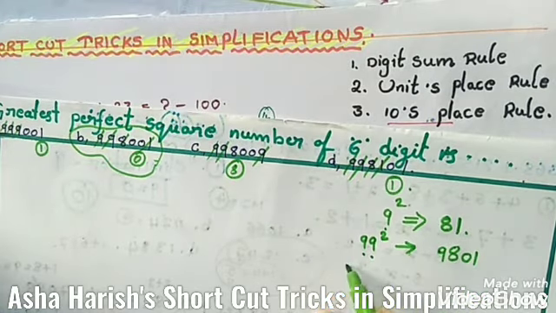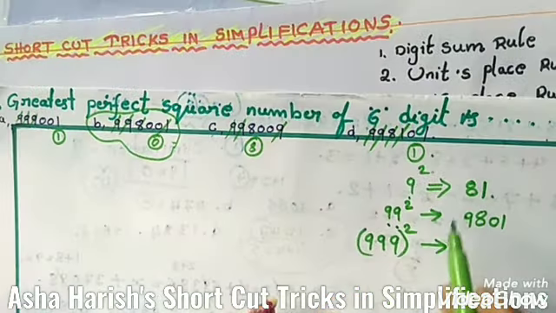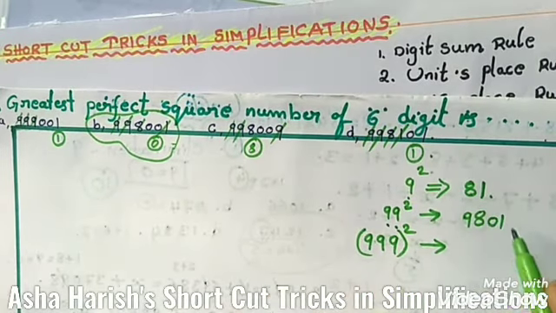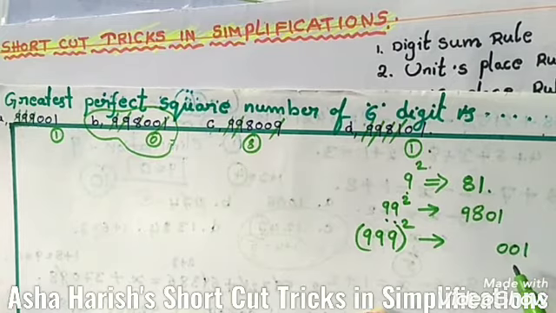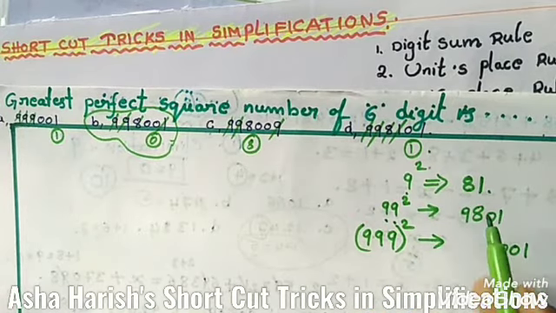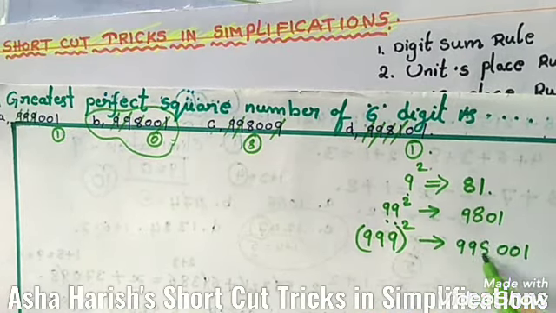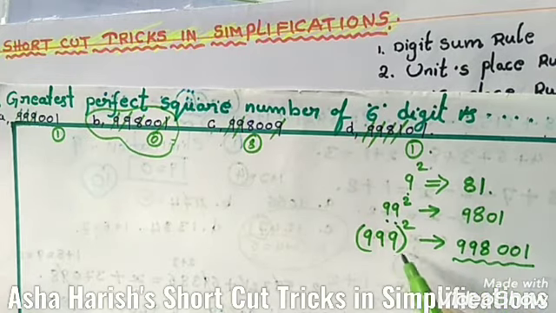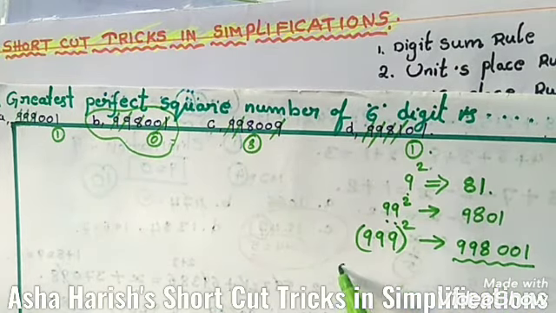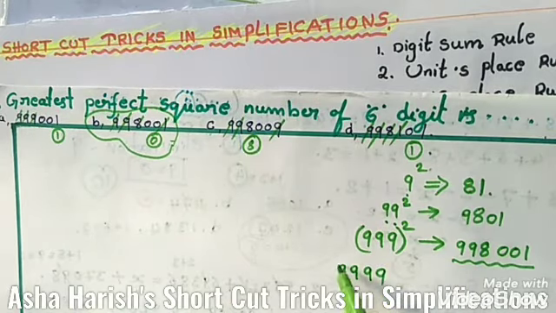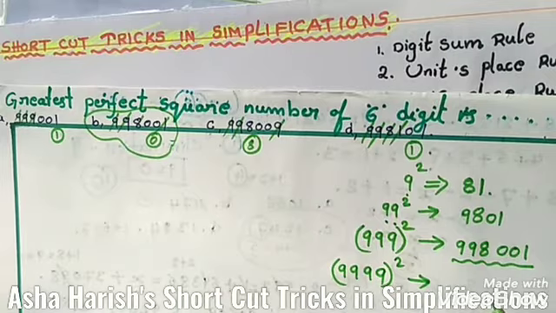And the next number, 999. Here a 3-digit number, so simply take 001, and this 1 should be subtracted from 999. So 998. This is the answer of this square. Now 9999 whole square. For this also an easy answer.